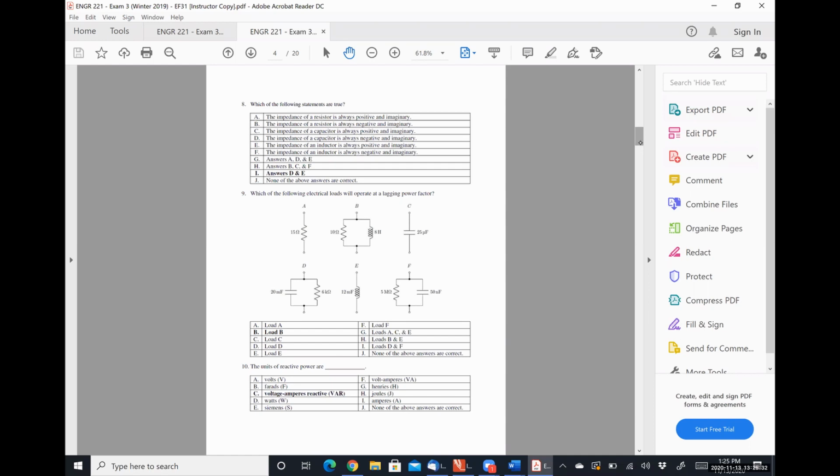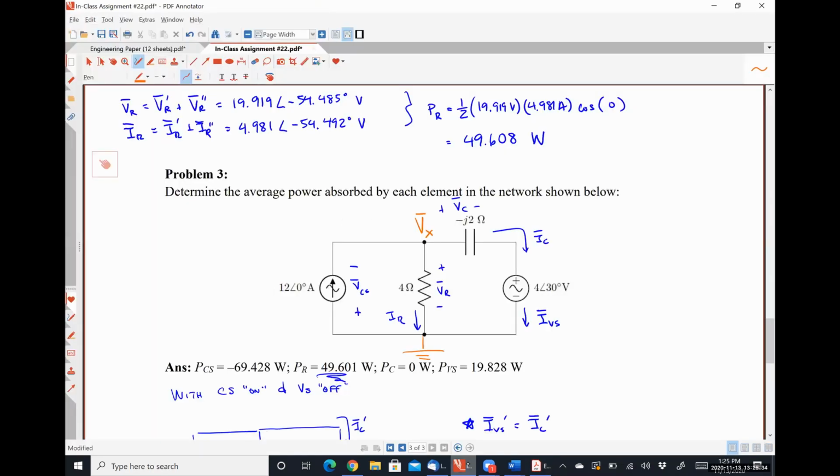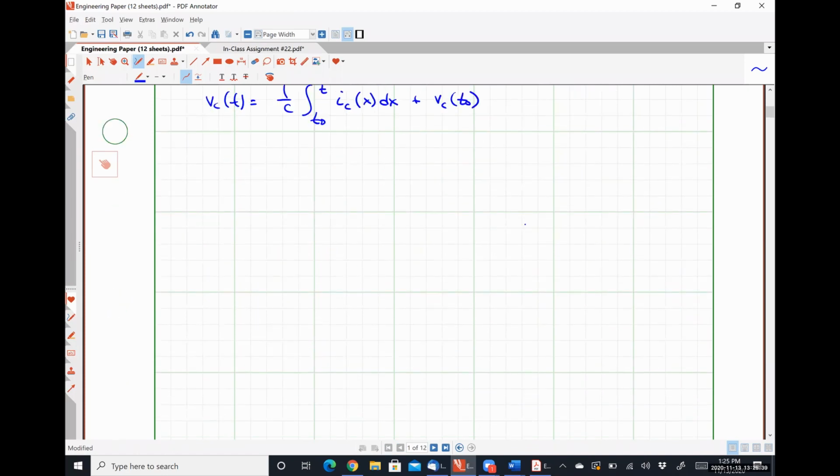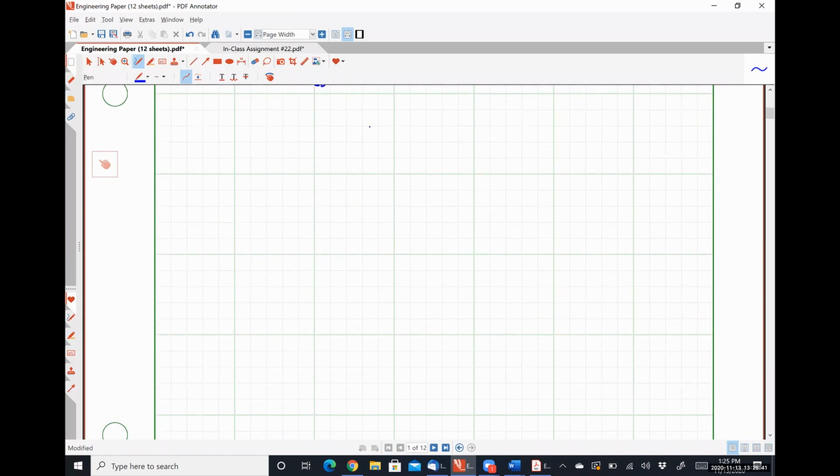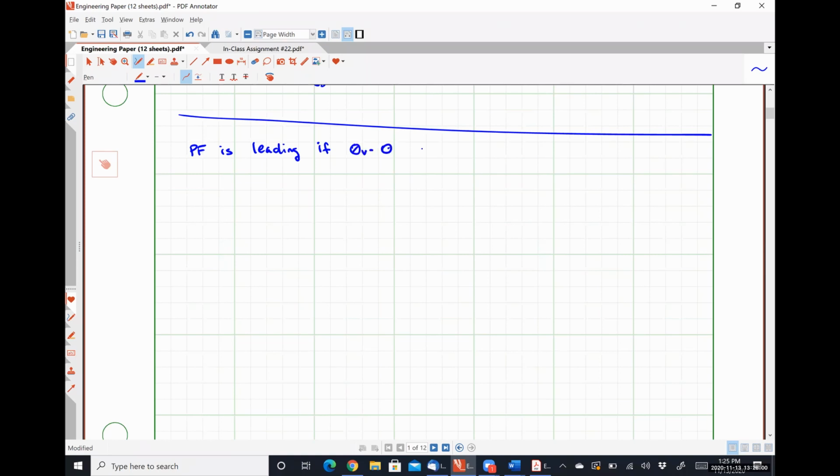With things in series, it's actually really trivial to prove. With them in parallel is where it gets more difficult. So let's start here by defining a couple of things. Our power factor is leading if theta V minus theta I is negative, right?